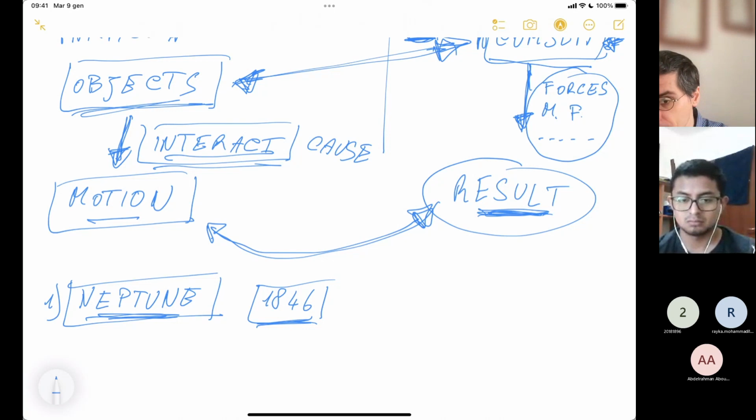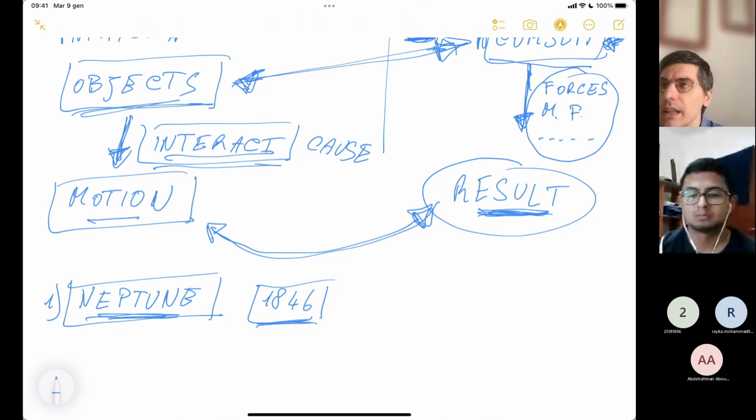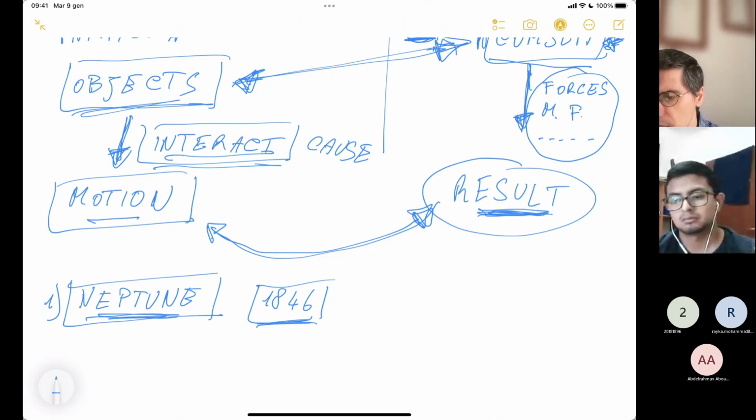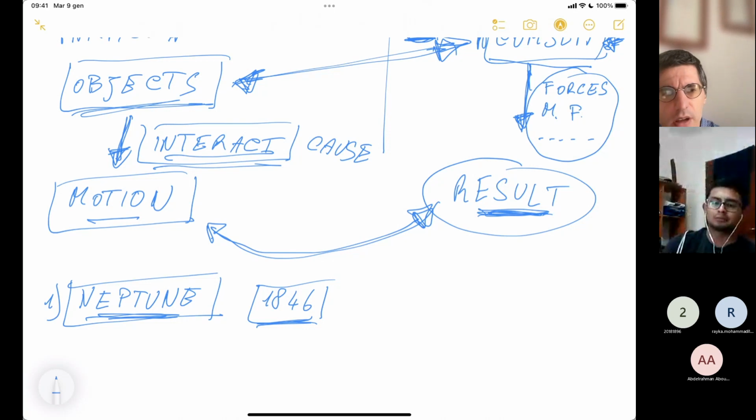Indeed, it is a planet. So he confused Neptune with a fixed star. But let's go into the detail of the discovery of Neptune so you can understand better what happened.